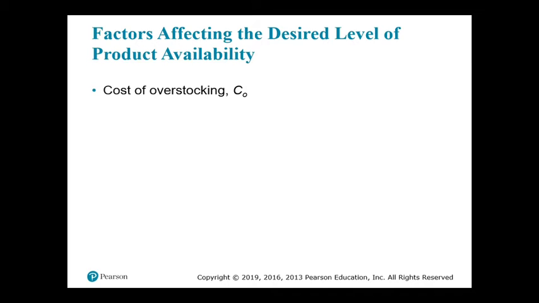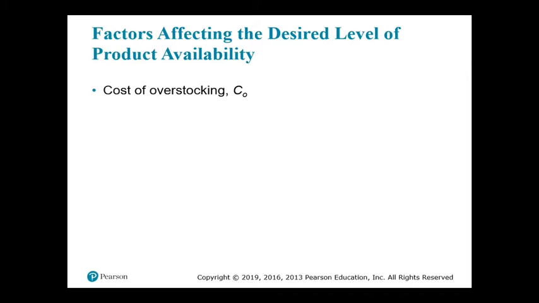Okay, so now let's actually get to determining the most desirable level of product availability. Now let's think, in the previous example, we incurred several factors that affected our decision. One is the costs associated with overstocking.